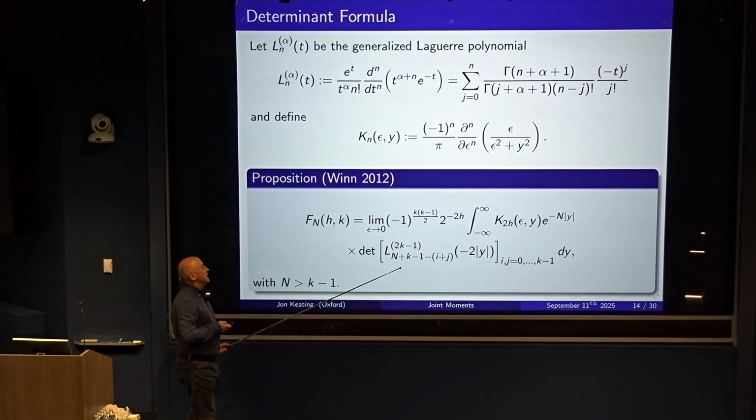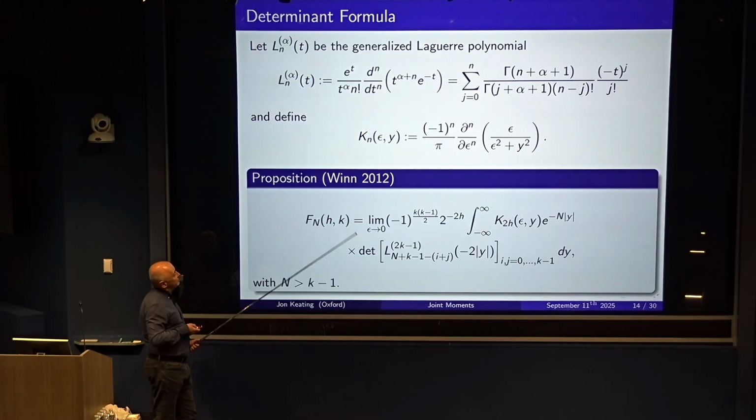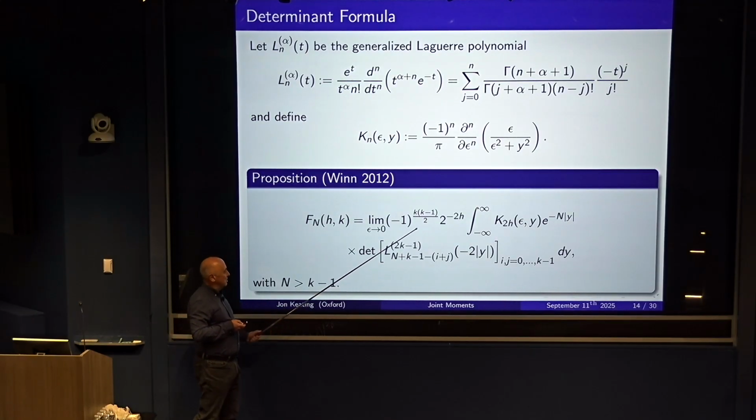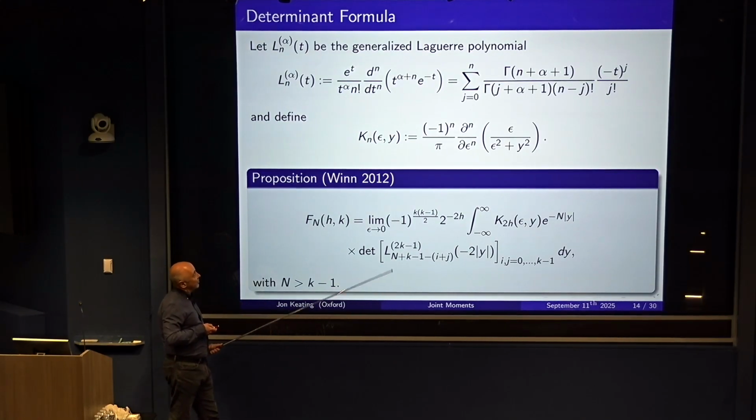This is a Hankel determinant in that the entries only depend on the sum of the row index and the column index. So you have this exact expression that Winn found for the joint moments as an integral of a Hankel determinant involving these generalized Laguerre polynomials.